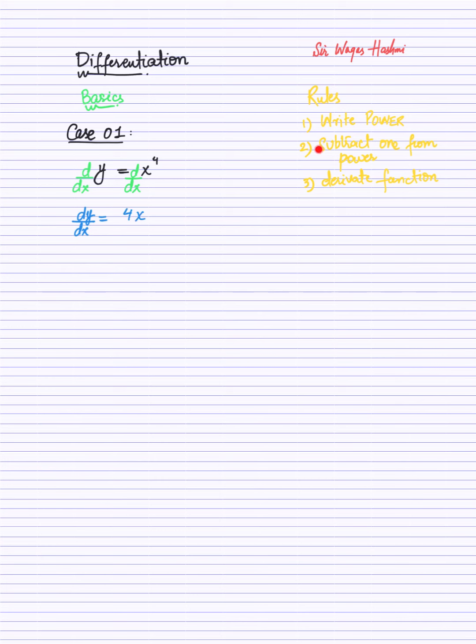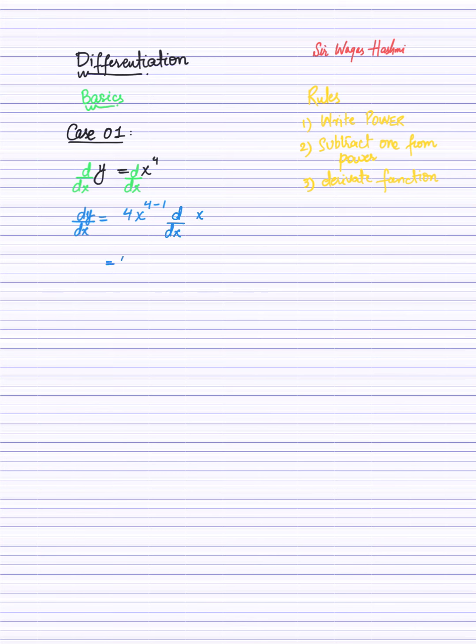The next step is you need to subtract 1 from the power. Initially the power was 4, but we have subtracted 1, so now it will be 3, and after that you need to differentiate that function which has the power. So we have x here, so that will be d over dx of x.